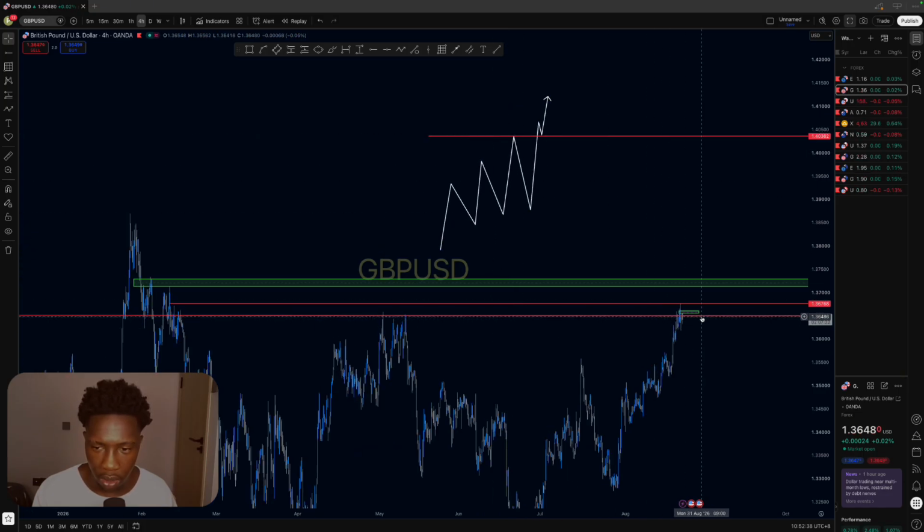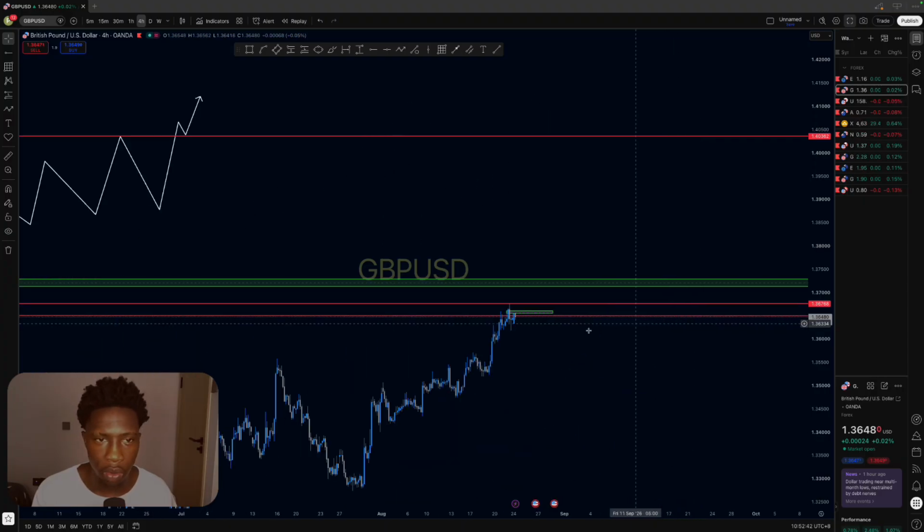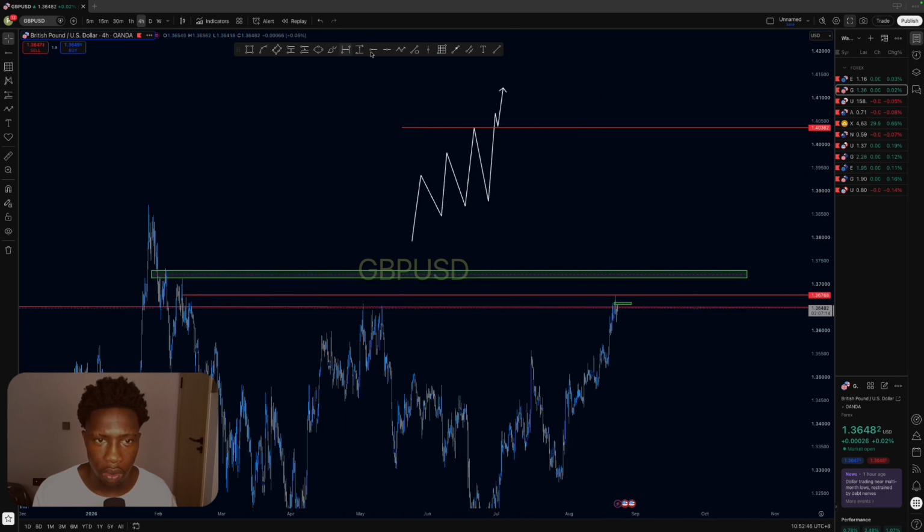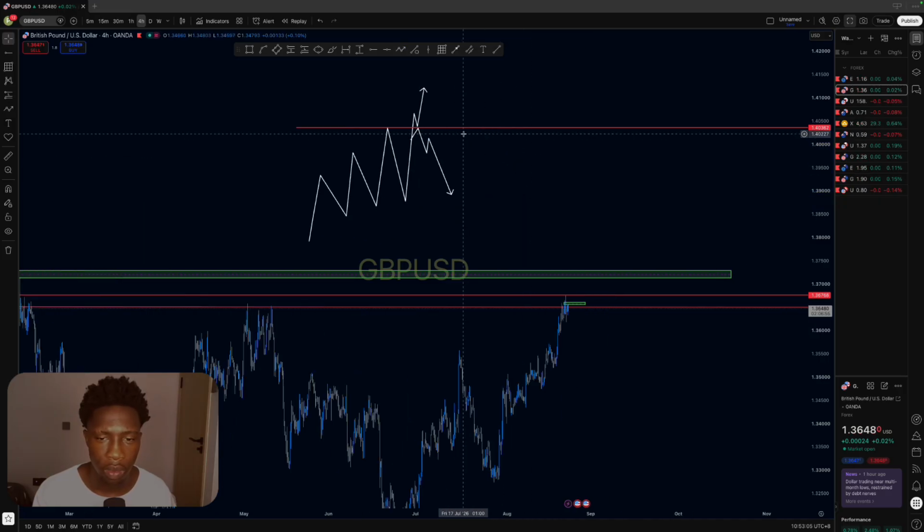If it stays at lower levels below here, if it stays low, I will consider this as a move to the downside like this, and then I will take my trade from there.